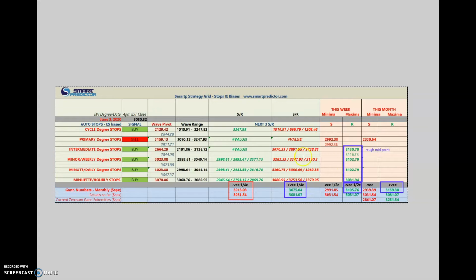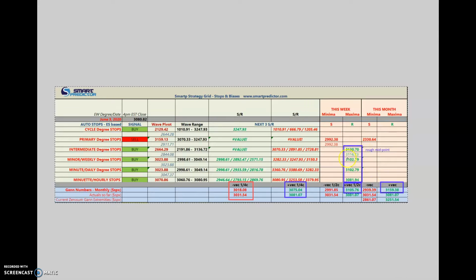This model is based on SPX cash. So from a cash perspective, if that's where the model is valid, it is suggesting that we will reach 3105.76 with a high probability. I've never collated this data, but I know it's a very high probability, like greater than 95%. And we recently demonstrated that in May as well.